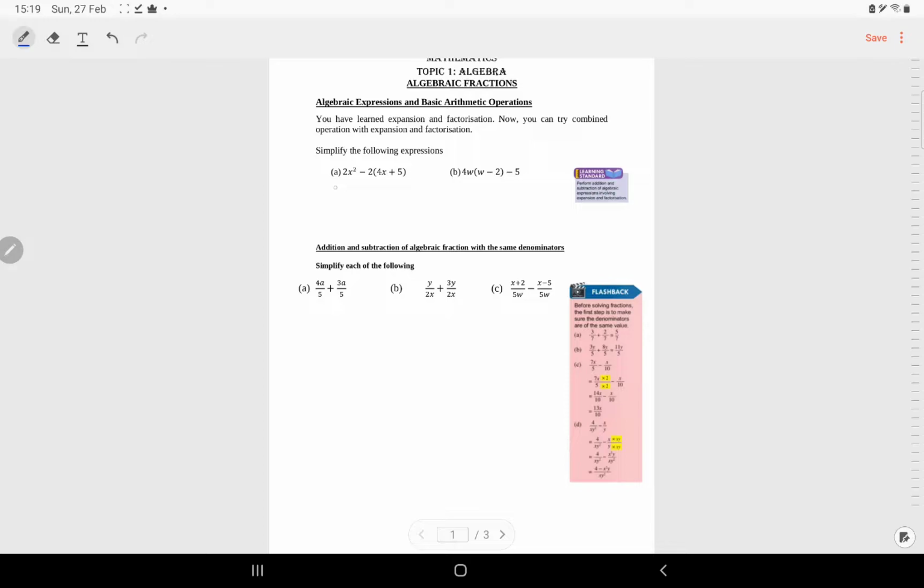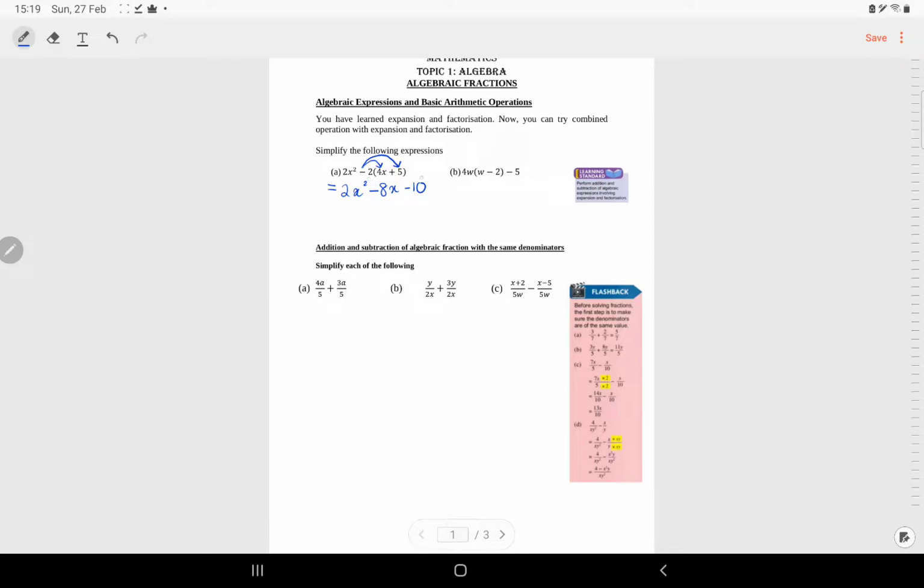So the first thing we need to do before we do the subtraction, we need to expand. So 2x squared minus, so you have two terms in your bracket, so you need to multiply -2 to both the terms, so you get minus 8x minus 10.